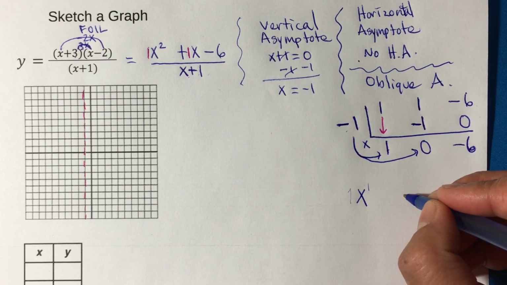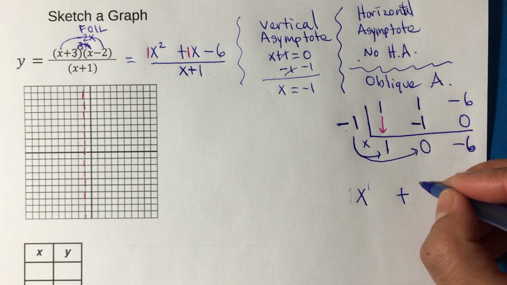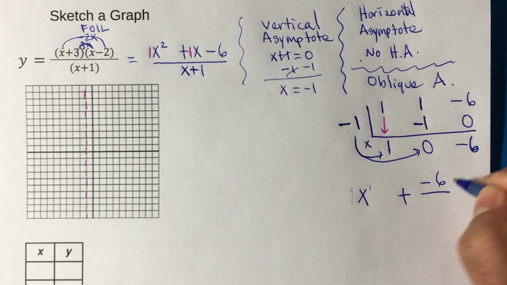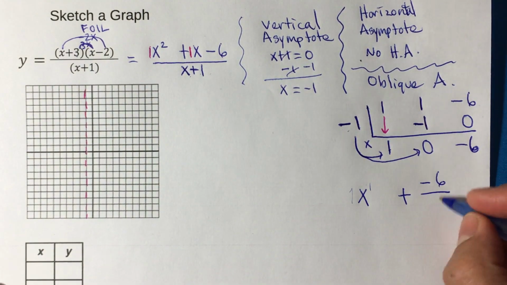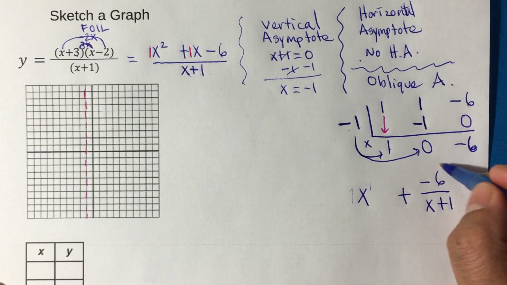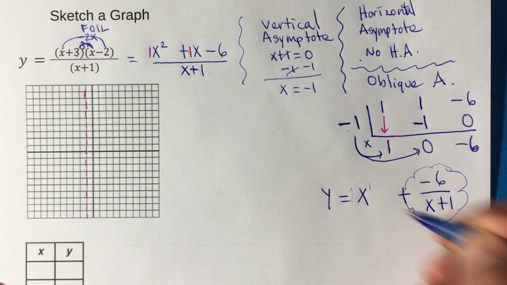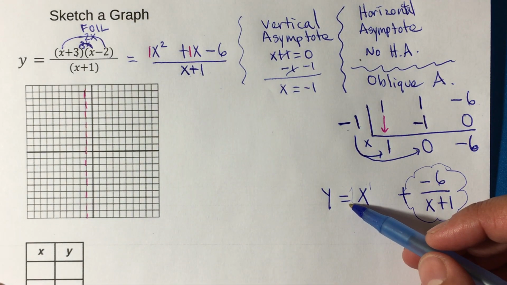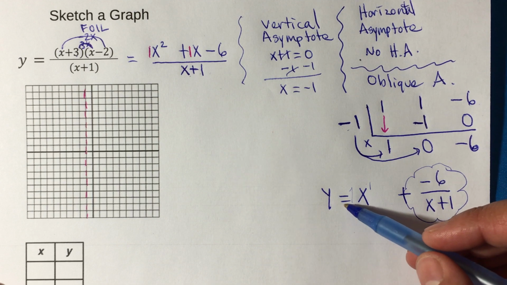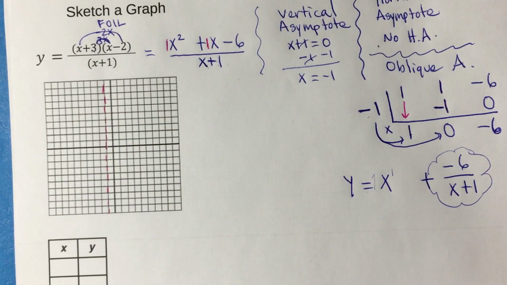So in reality, what we do is plus or minus, it would be in this case, negative 6 over whatever you're dividing. That's kind of like a remainder. But we ignore this part right here, and what we're going to be graphing for our oblique or slanted asymptote is y equals x, ignoring whatever is the remainder, okay?